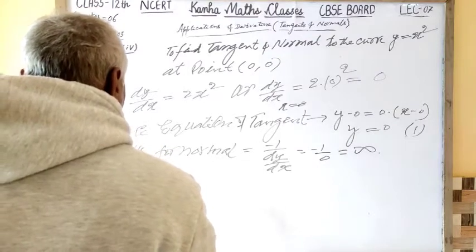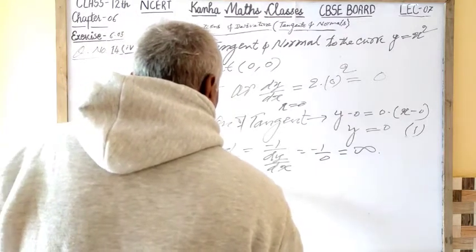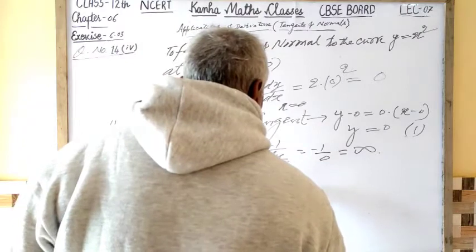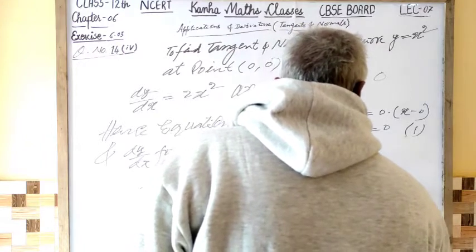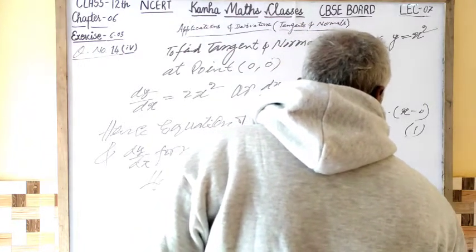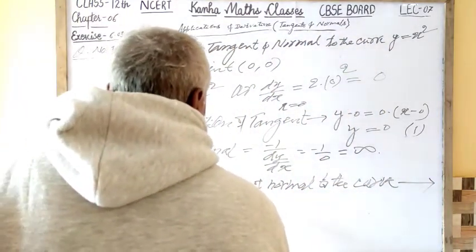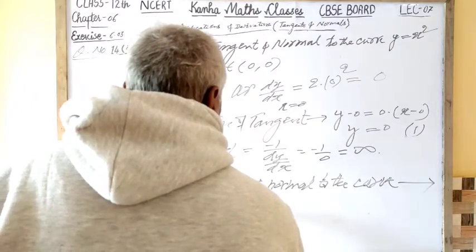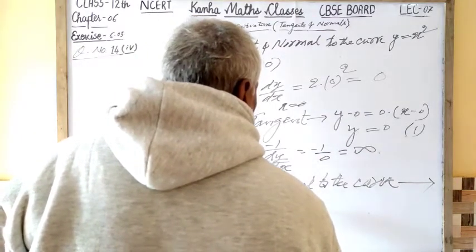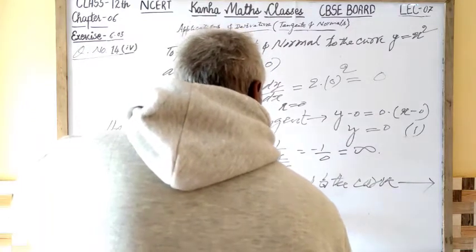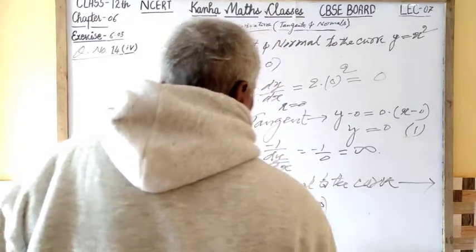Hence, the equation of normal to the curve is y minus y1 equal to infinity into (x minus x1), that is 0.